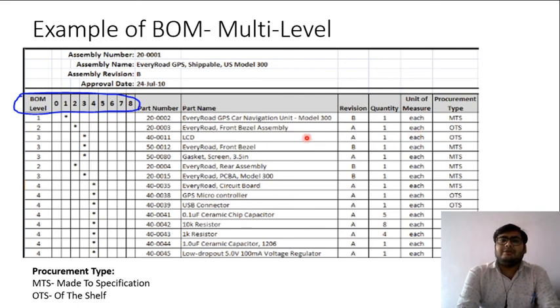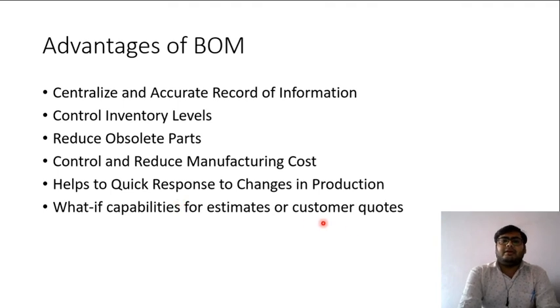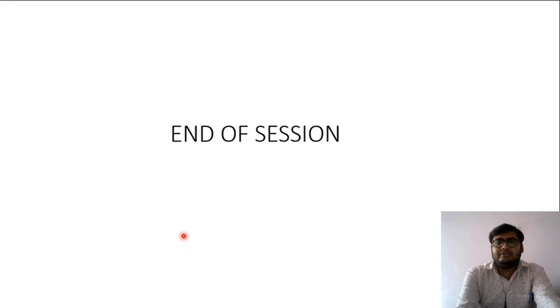Also, if a customer specifically requests that instead of a black and white LCD, he wants a color LCD, we can easily update this data and give him a quotation that, okay, if you want a color LCD, then these changes will be there in the cost. So this is how the bill of material helps in what-if capabilities. This will be all for this session. We'll see you in the next session.